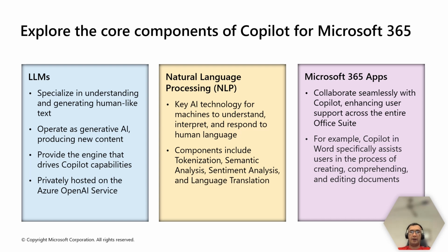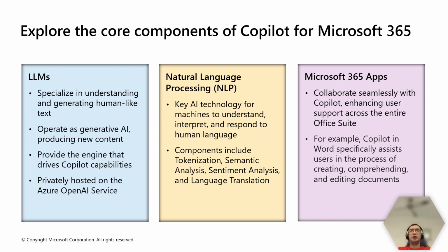And finally, it is privately hosted on Azure OpenAI services. So probably you have used Azure before. Azure OpenAI service is a relatively new feature that is sitting on Azure, and all LLMs that are used in Copilot are hosted there.